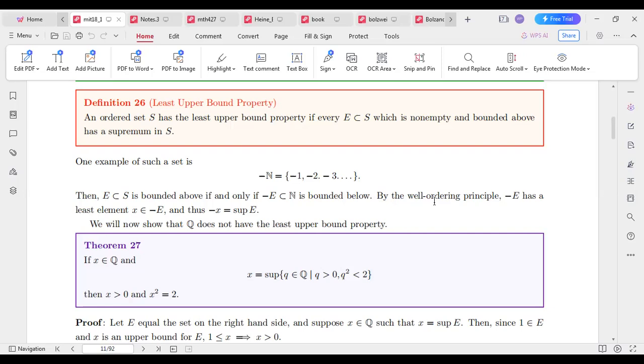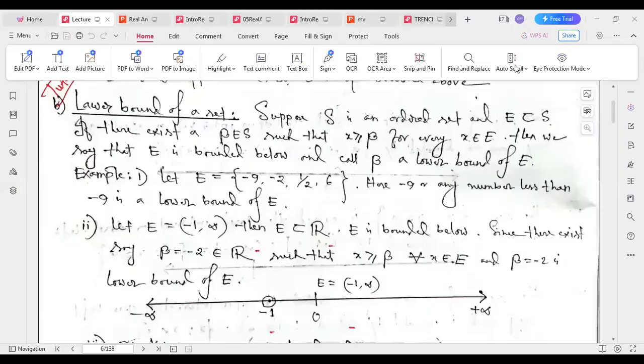So in that case, we can say that minus E has a least element x belonging to minus E. Thus minus x equals the supremum of E. So the least upper bound or supremum can be defined as follows.